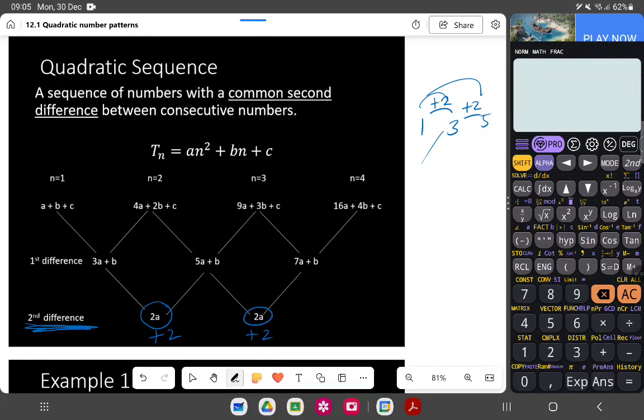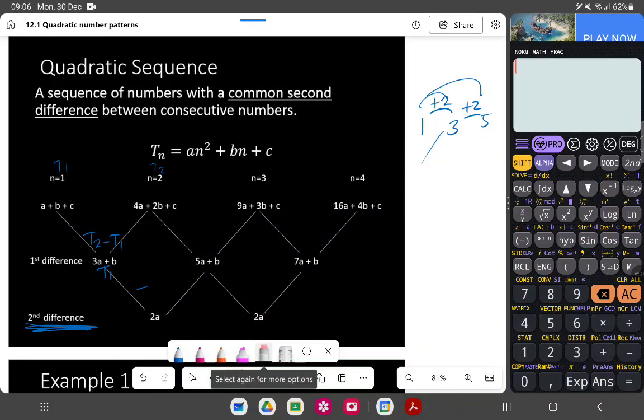Remember that we have our terms on the top, so this would be term 1 and term 2. Our first difference would be term 2 minus term 1, and then our second difference again will be term 2 minus term 1. Don't worry too much, we are going to practice this, so just try to get your head wrapped around this, okay? Okay, so let's look at the slide.